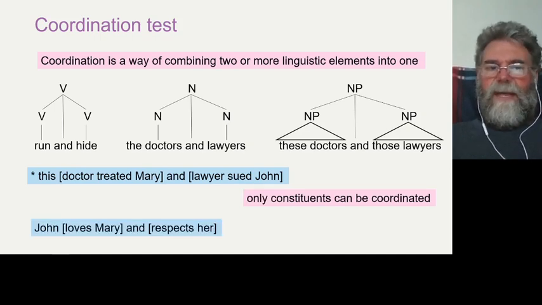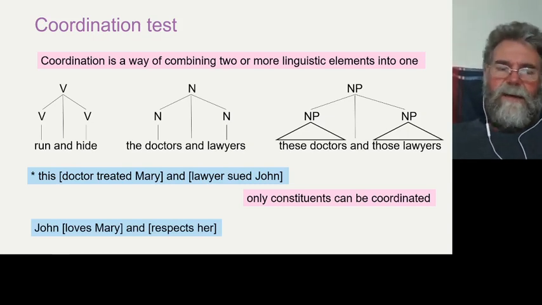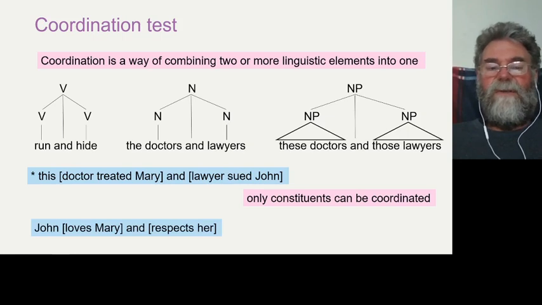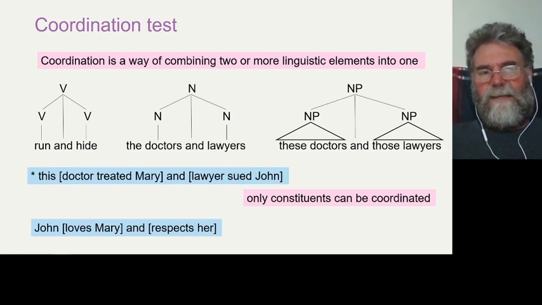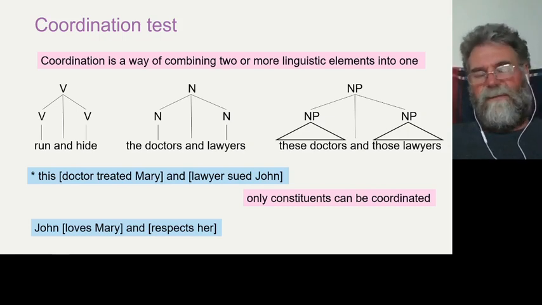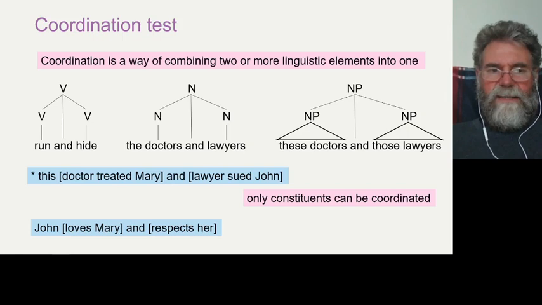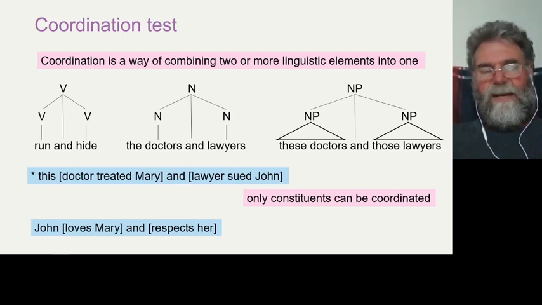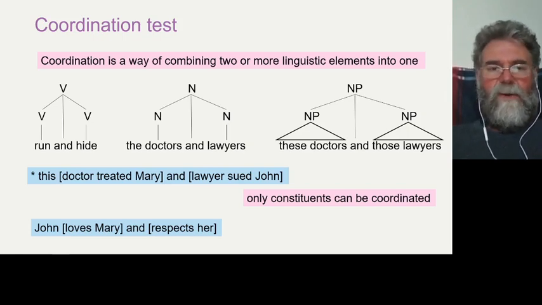The fact then that you can coordinate love Mary with something shows us that that thing is a constituent, and again it will support our analysis that the sentence is made up of a subject plus a verb phrase, and the verb phrase is made up of the verb plus a phrase that follows it, depending on which verb it is.